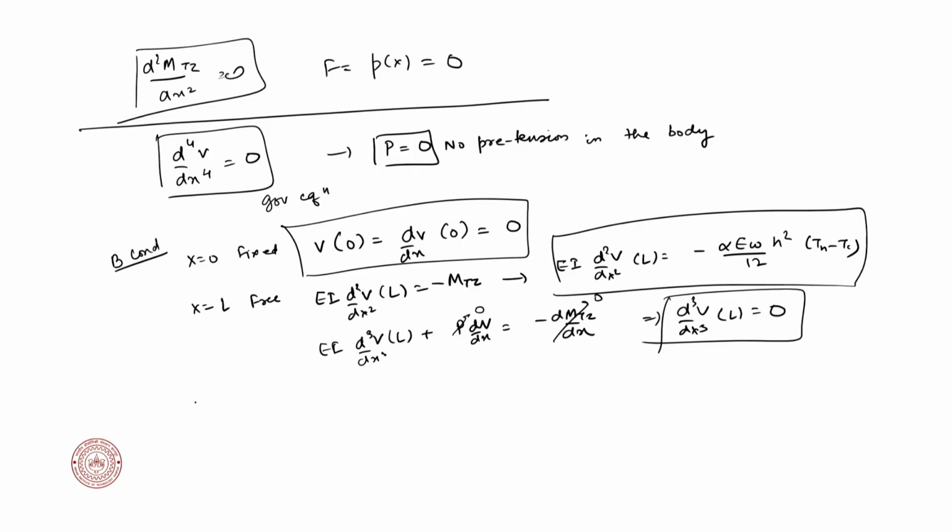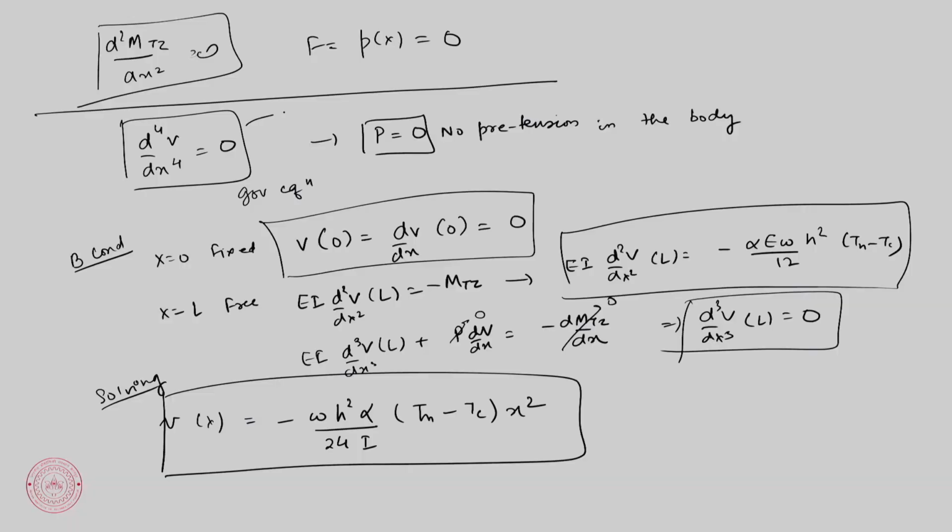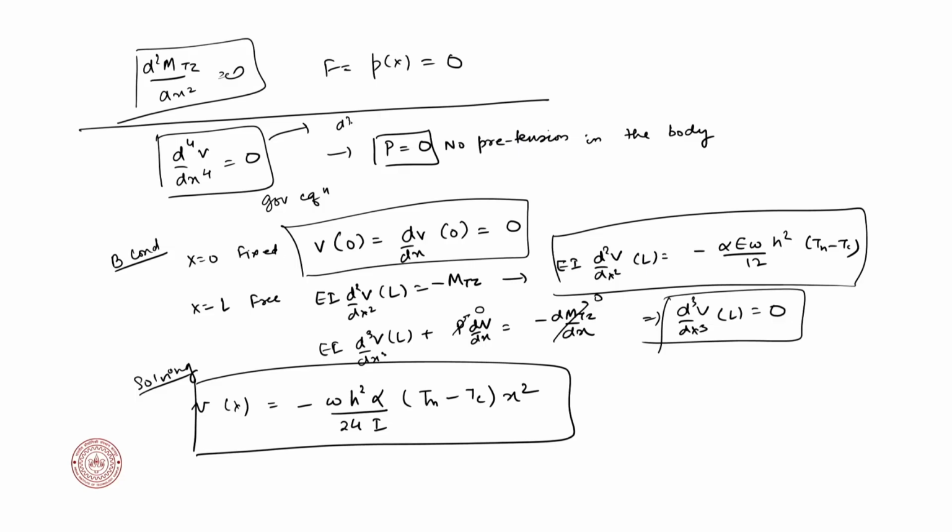We will solve with this. Solving the governing equation, we will find v of x boils down to minus W h squared alpha over 24 I times TH minus TC times x squared. You put the four boundary conditions into the governing equation. Integrating, d cubed v by dx cubed will be c1.